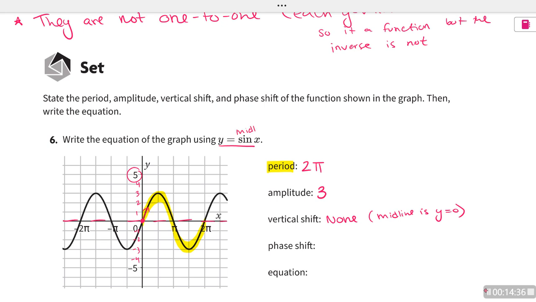So midline increasing when x equals 0. And that's what we're doing. So there's none here either. So our equation here is just simply y equals, our amplitude is 3, so 3 sine of x. There's no special period change, so we don't need to input a b value.